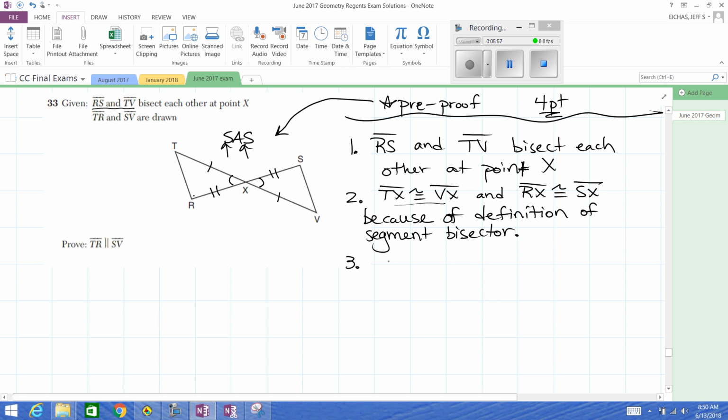Now the angle is going to come from this. This is a conclusion you make just from the diagram. So I would say angle TXR is congruent to angle VXS, and this is because vertical angles are congruent.